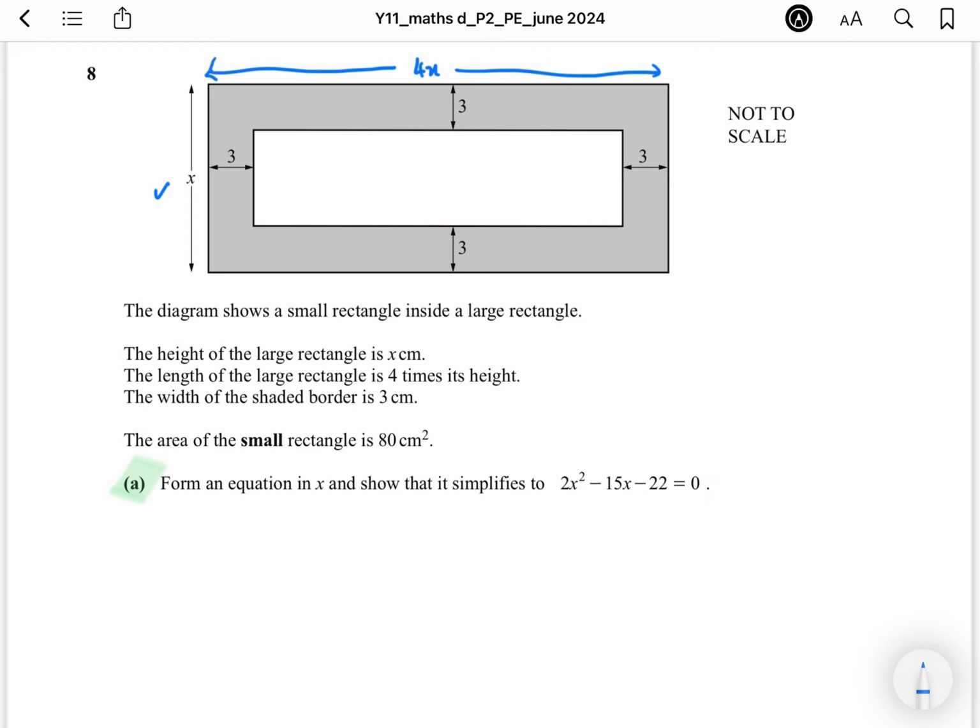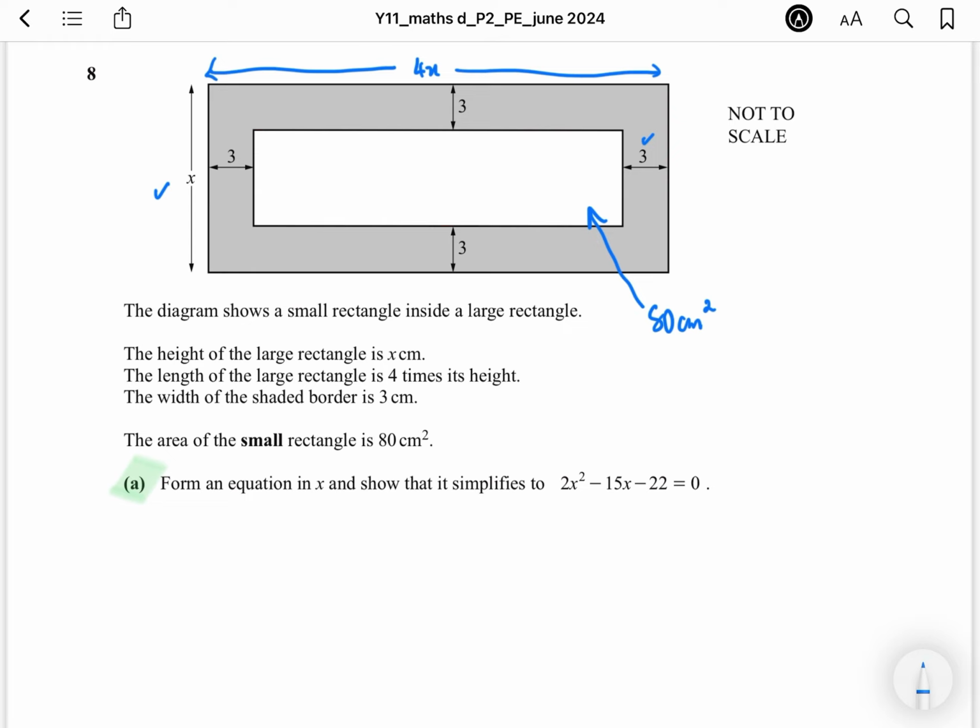The width of the shaded border is 3 centimeters, and that is given. The area of the small rectangle is 80 centimeters squared. Form an equation in x and show that it simplifies to 2x squared minus 15x minus 22.